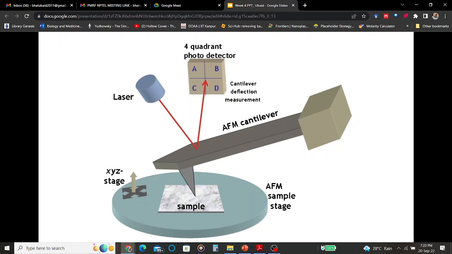optical diffraction microscope. So, what happens when the tip is moved on the sample?